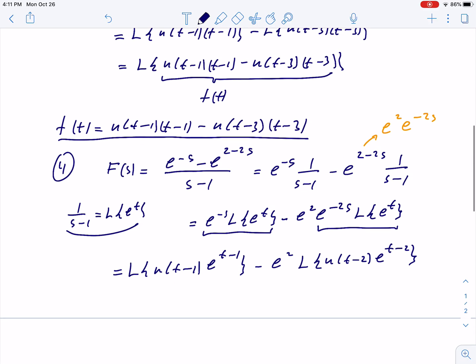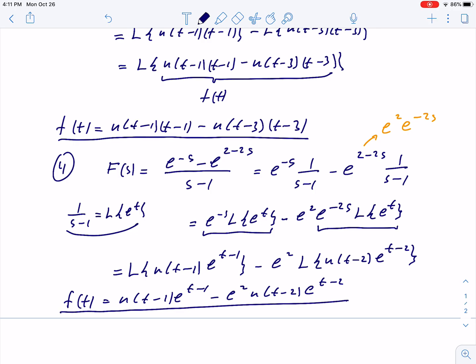Okay, so this is it. Collecting everything inside L, we can find the original, and it's visible very well. The original will be, from the first term, u(t minus 1) exponential (t minus 1), minus, keep this coefficient, e squared u(t minus 2) exponential (t minus 2). And that's it. This is our answer.